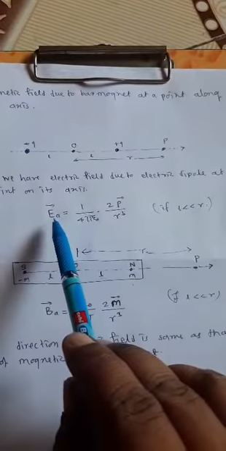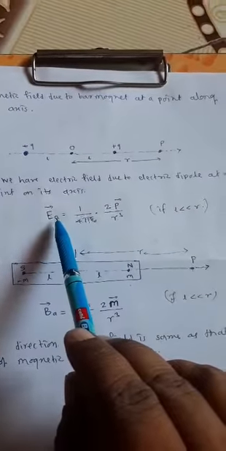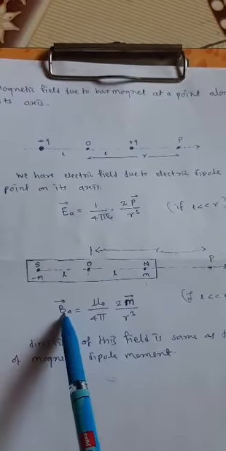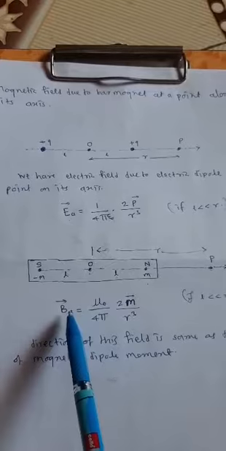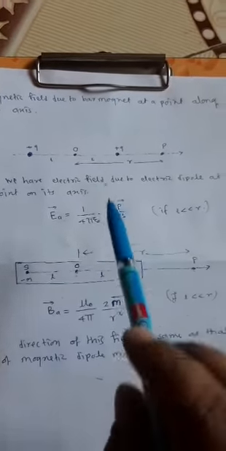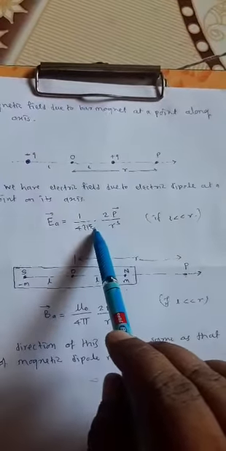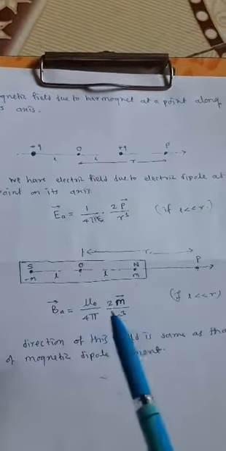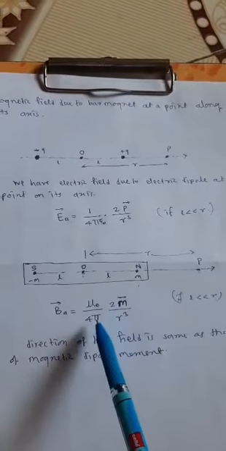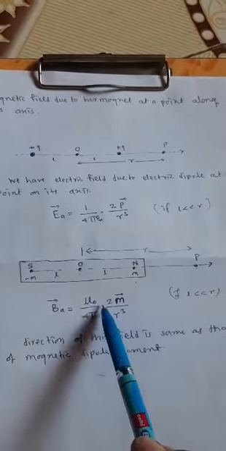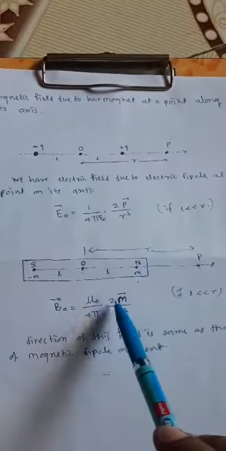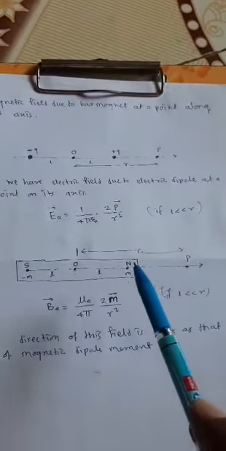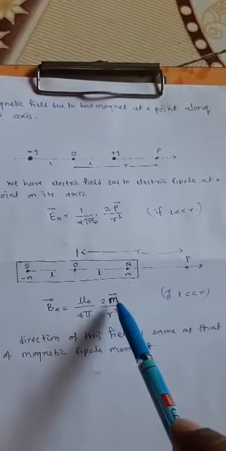Electric field on the axis is denoted by E_A. Magnetic field on the axis is denoted by B_A. 1/4πε₀ is the constant in case of electrostatics. In magnetism, this constant is μ₀/4π, and the factor 2 remains as it is. What is p? p is the electric dipole moment, and M is the magnetic dipole moment.